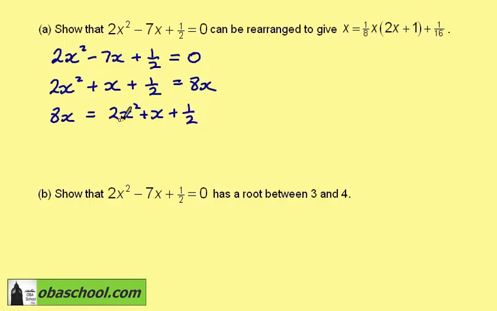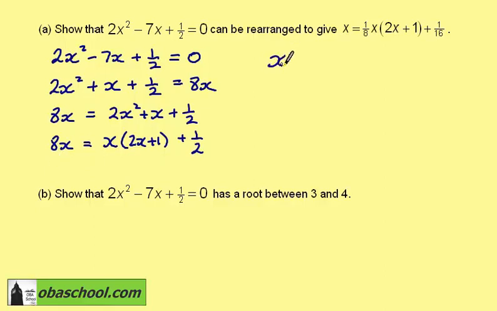We can factorize these two terms. So 8x is, common factor of x, open bracket, 2x plus 1, and we still have the plus half on the end. Note here, the x times (2x plus 1) gives us the 2x squared plus x.